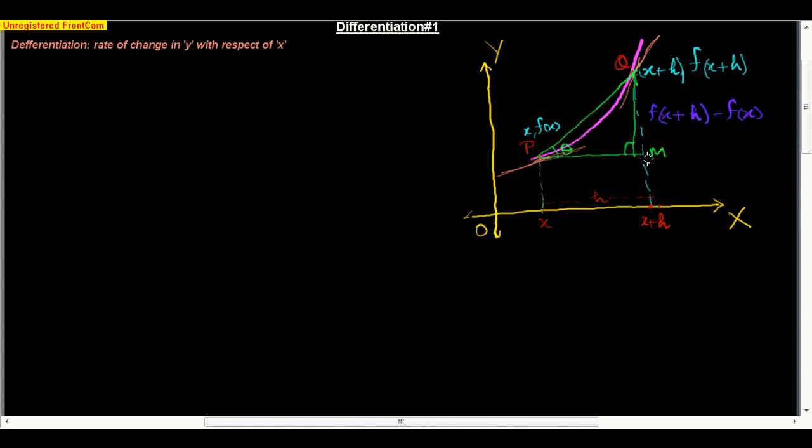So QM is f of x plus h minus f of x, and PM we already know is h.